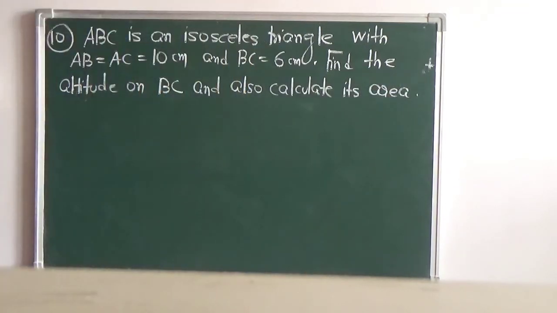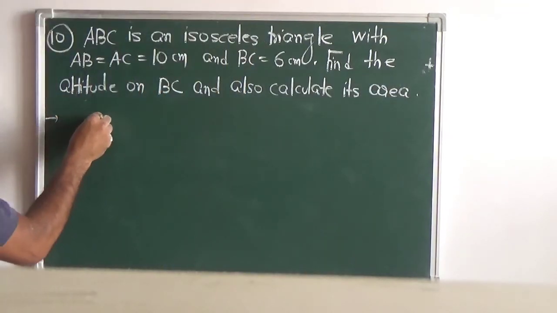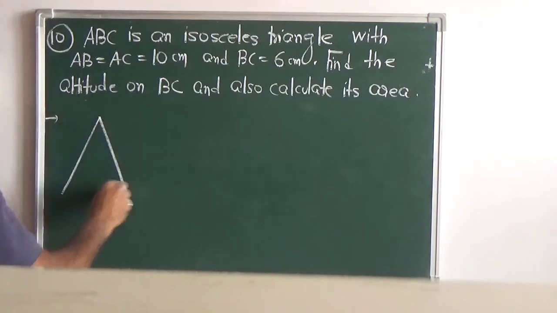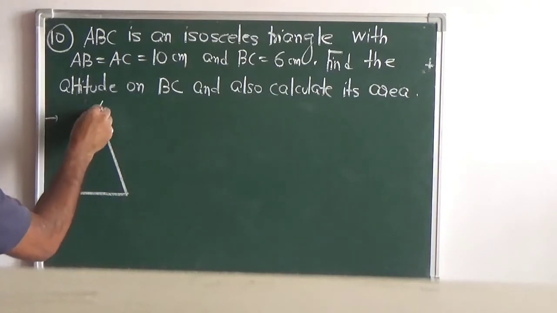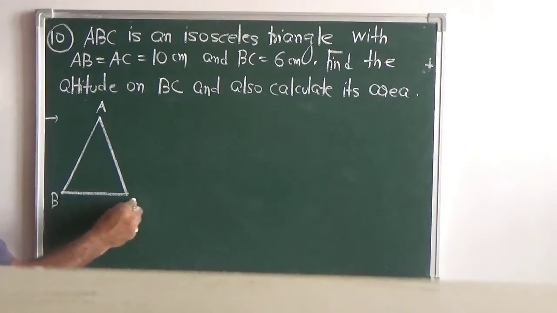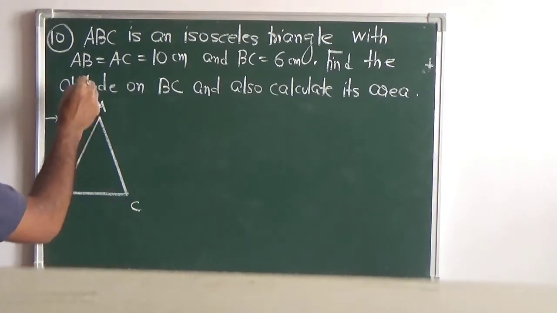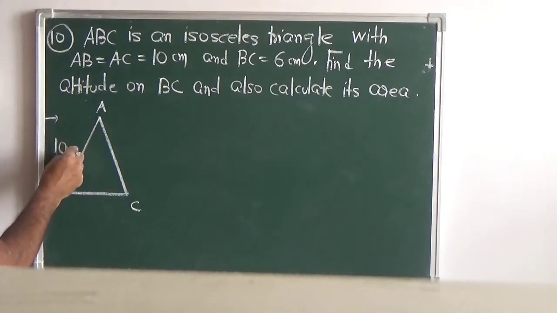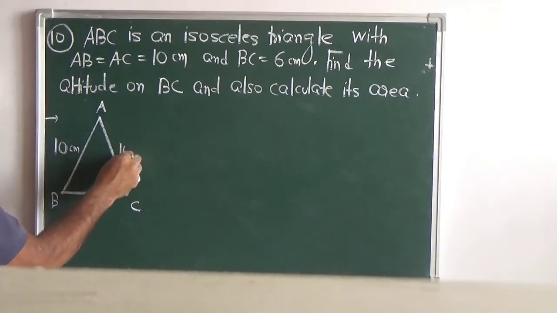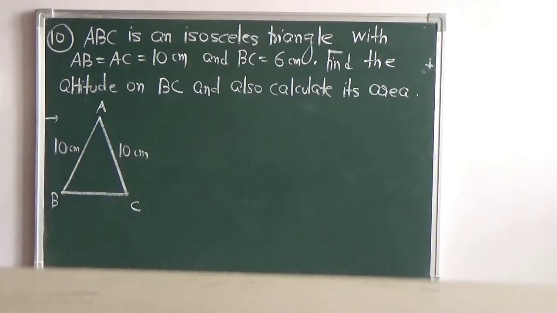So ABC is an isosceles triangle, two sides equal. Let us take the isosceles triangle like this. This is A, this is B, and this is C. The length of the equal sides is 10 centimeters, and the side BC is given as 6 centimeters.